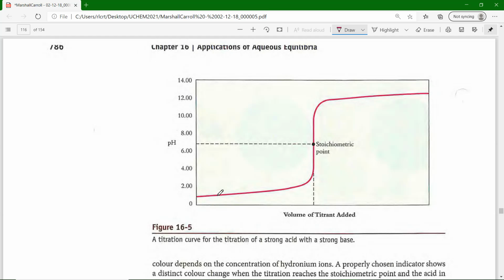So you have this initial portion here, and then near the equivalence point, you go very steeply up, and then you go across. Now I really do need the pen, so I'm going to begin the titration curves in my next lecture. Okay, so we'll start on page 786 in our next lecture. Have fun!